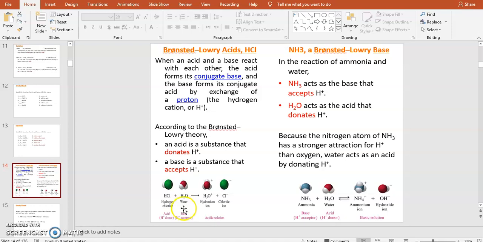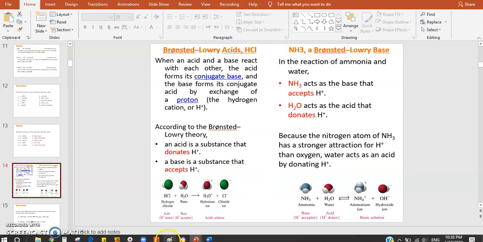So H2O is considered a base. You can see here that water worked as a base in this equation with this molecule, and as an acid in the other equation with that molecule. Water is a very special case, and this is why water is considered an amphoteric substance.